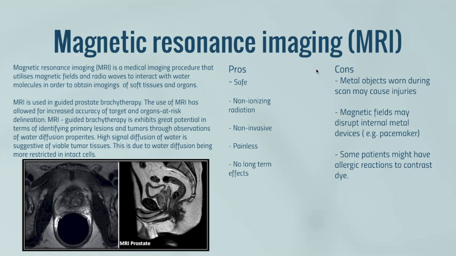The pros are that it is safe, non-ionizing, non-invasive, painless, and has no long-term effects. However, the cons are that magnetic fields may disrupt medical devices, like pacemakers, and some patients may experience allergic reactions to the contrast dye that's used.